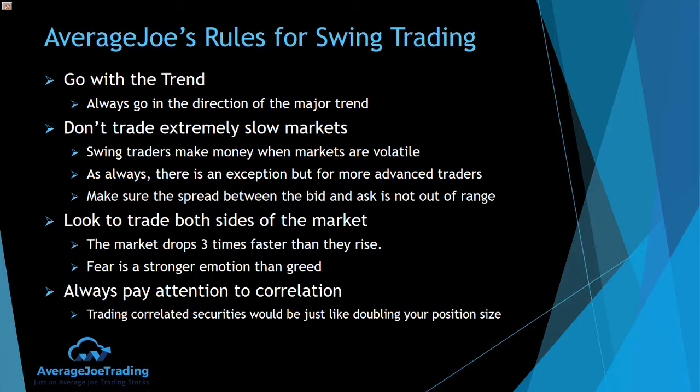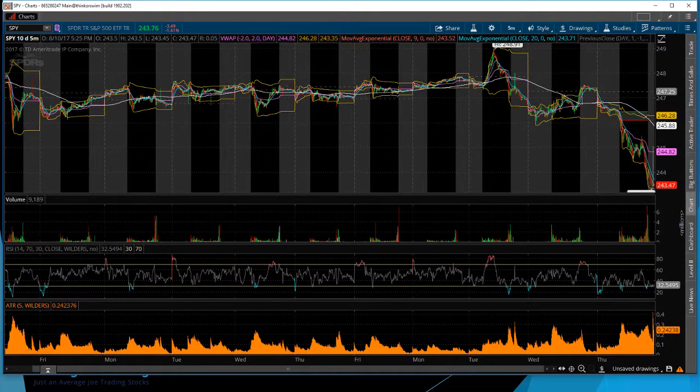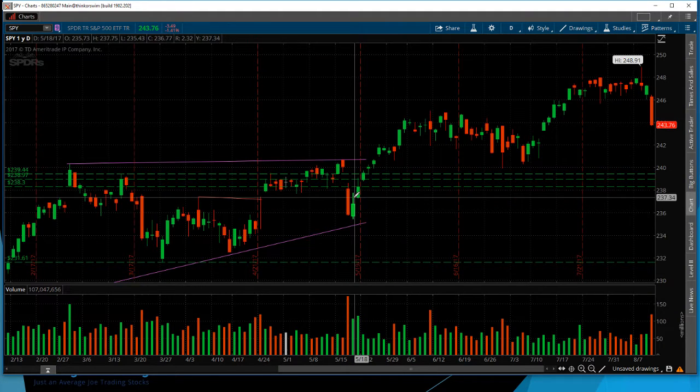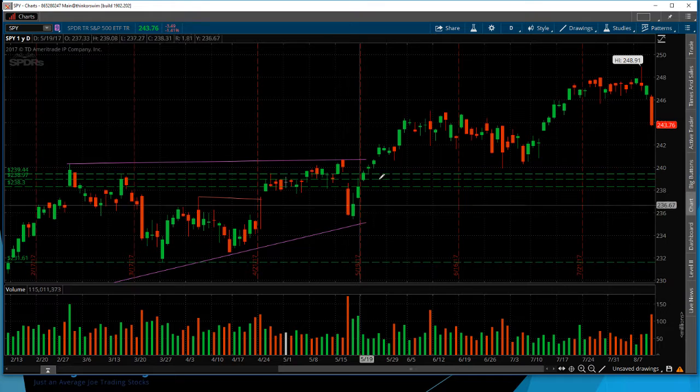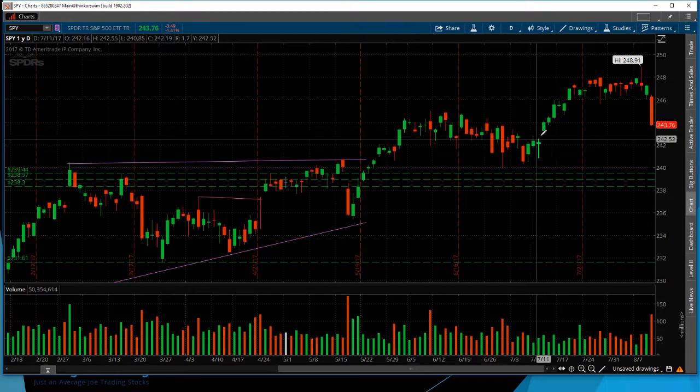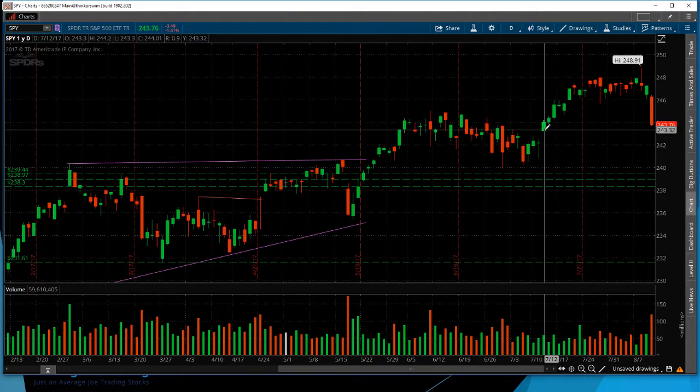Whenever we start making higher highs, that's when we enter phase 2. Because if you look at this chart, we came down here. We're in phase 1. We didn't get to phase 2 until we started making higher highs.